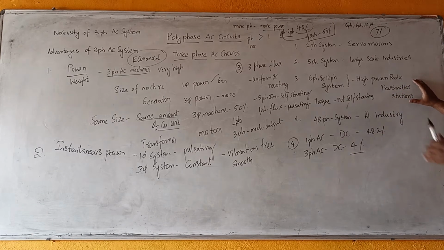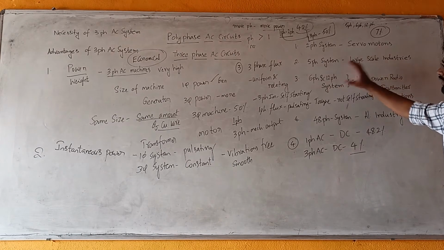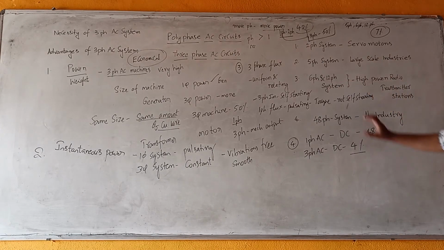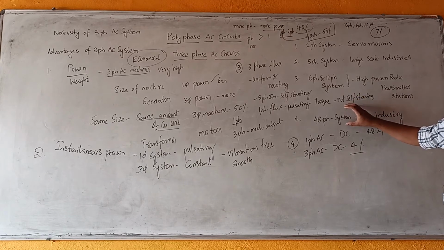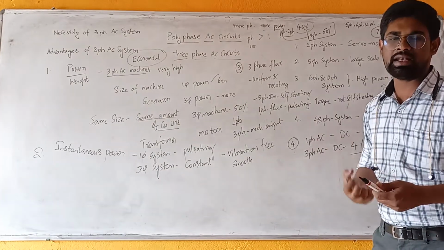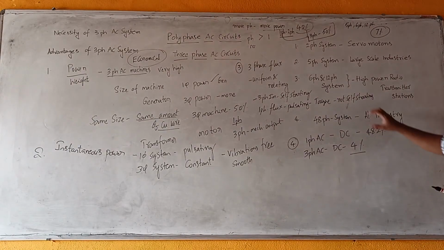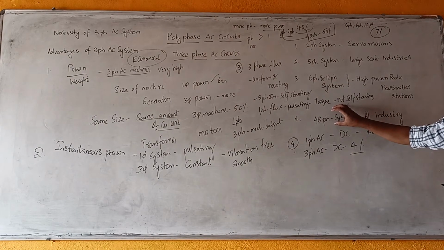I mean, to transmit a radio signal over a very long distance, it requires more power, and there we use 6-phase and 12-phase systems. Next, the 48-phase system is also implemented, but this is used in the aluminium industry, to melt raw aluminium for purification purposes. There we use the 48-phase system.